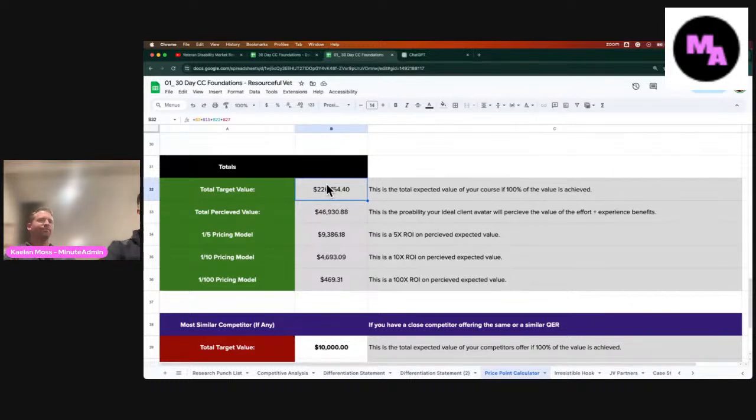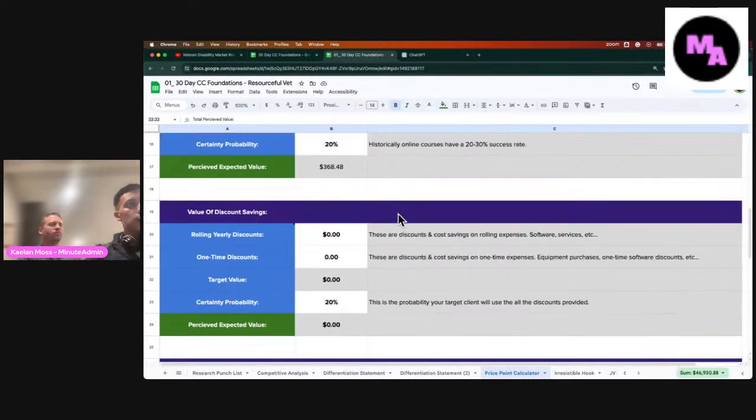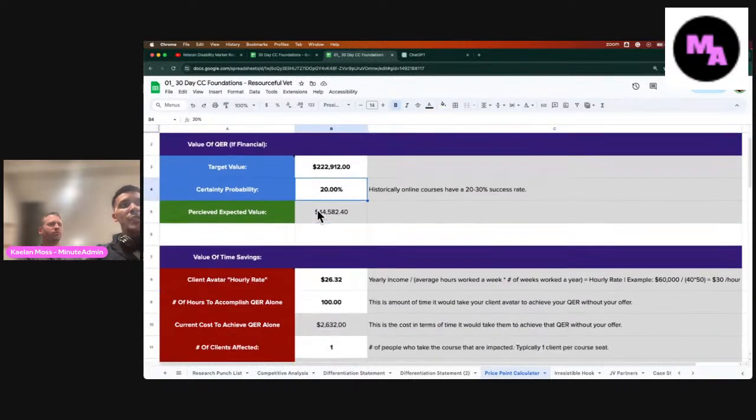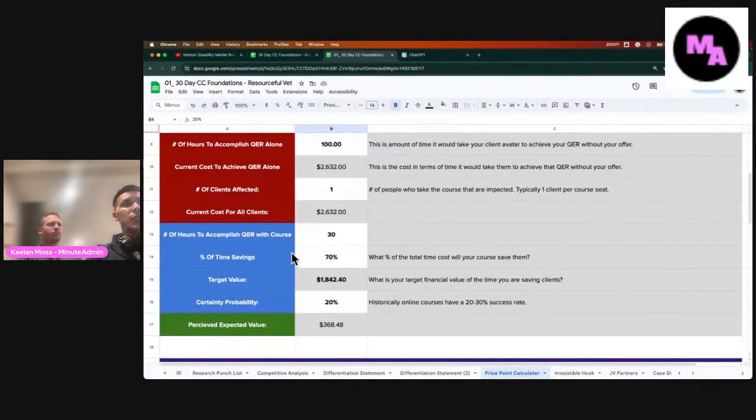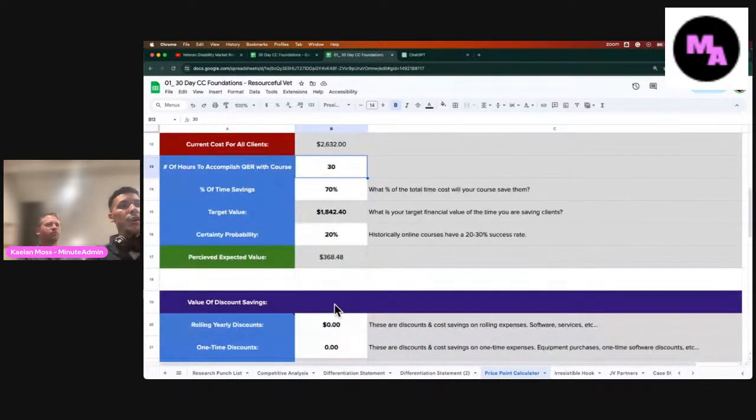But the perceived value, this is the probability of what they think it's worth. They're looking at it as, there's a 20% chance I'm going to pass this course. There's a 20% chance that you're going to save me 70 hours of time.